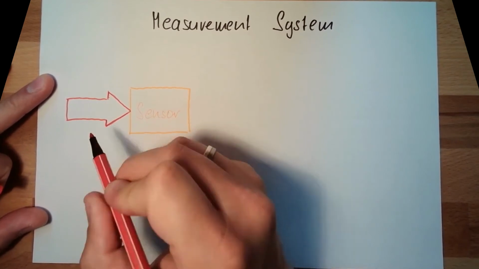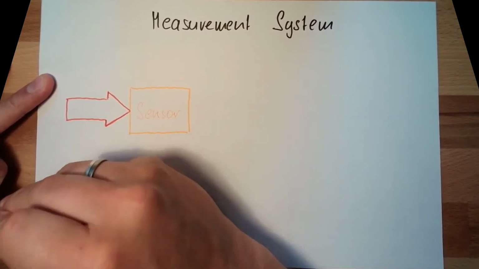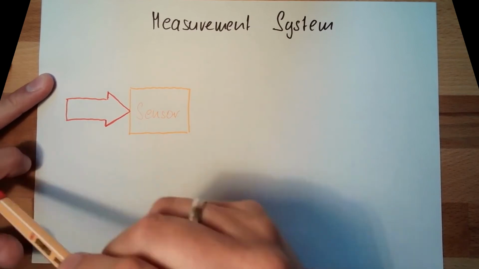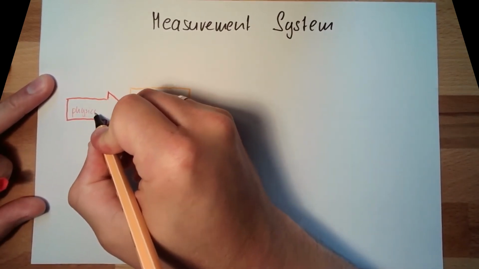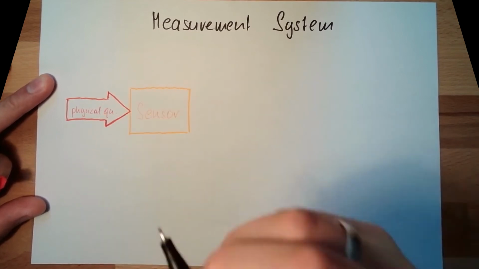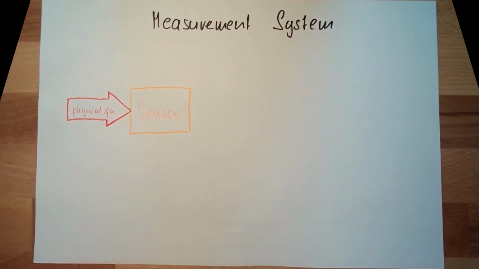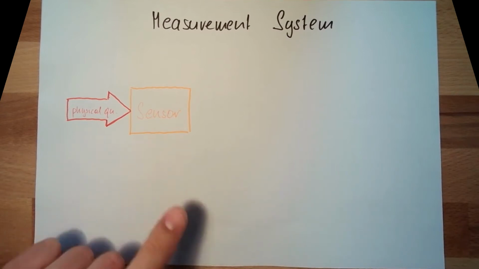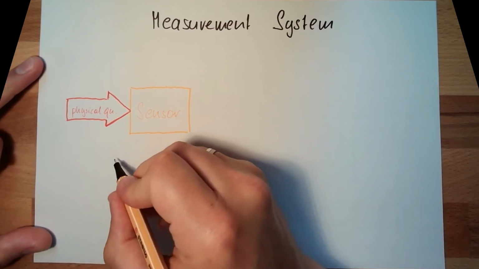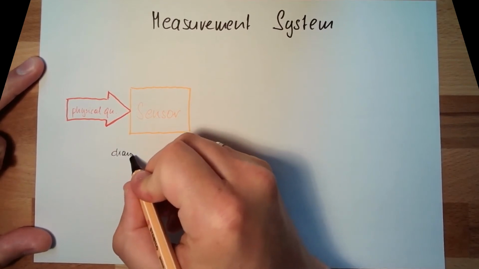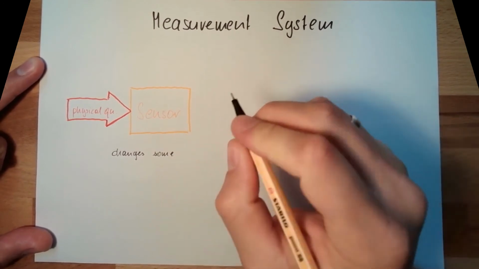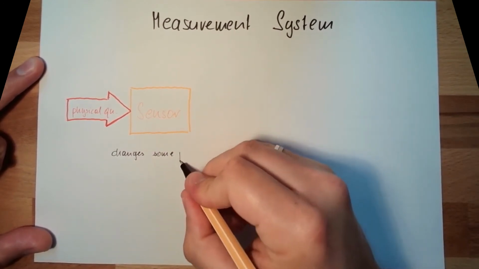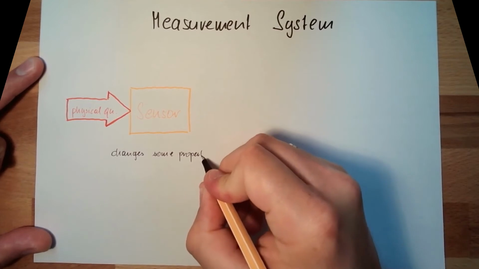That's the physical part. The physical quantity is influencing the sensor somehow, and the sensor changes some property.